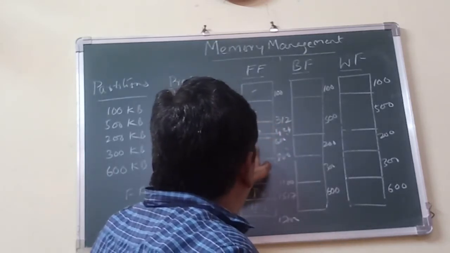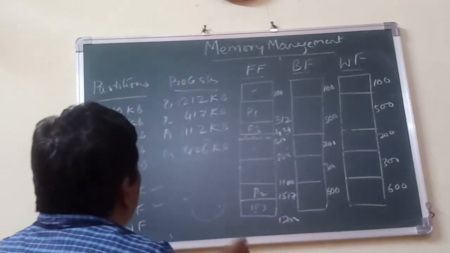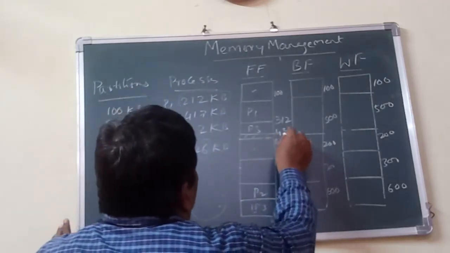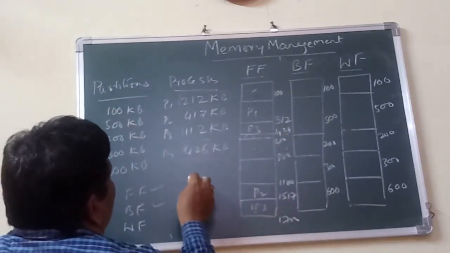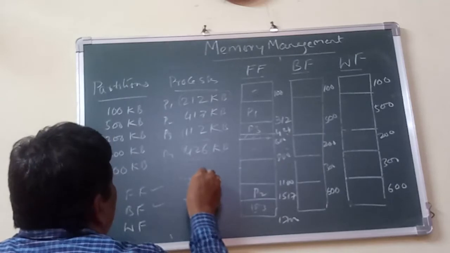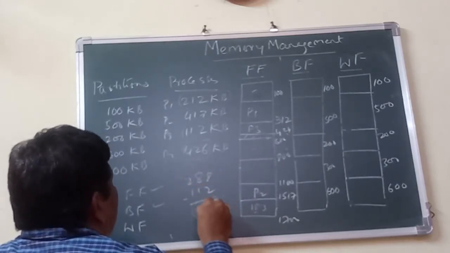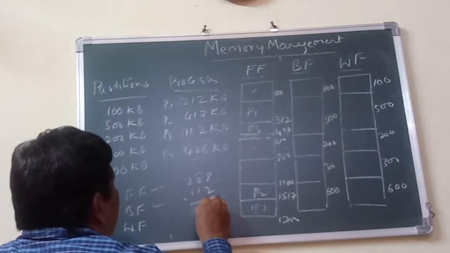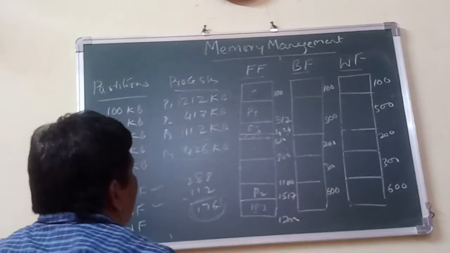The next partition, out of 288 minus 112, is 176.